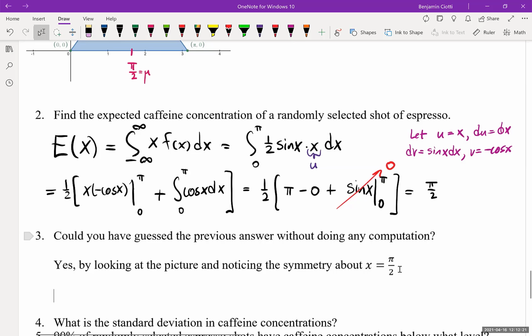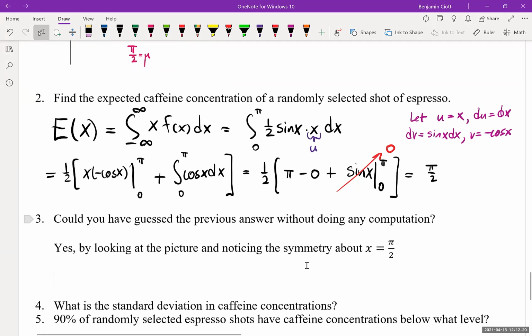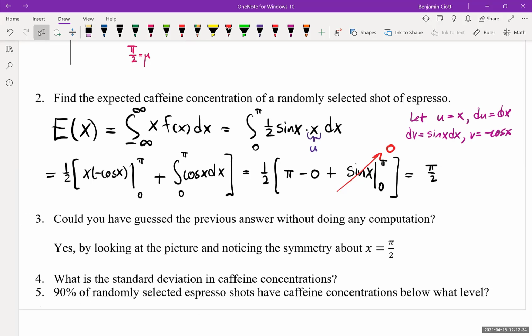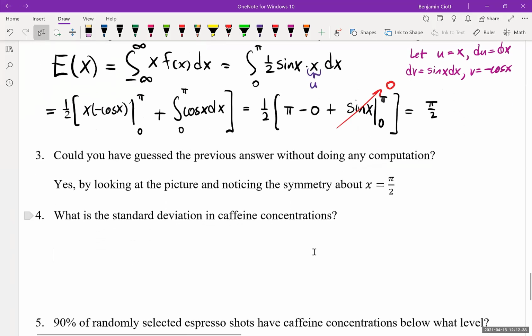Okay, any questions so far? Okay, so I'll do the standard deviation calculation. The standard deviation, actually, hold on a second.